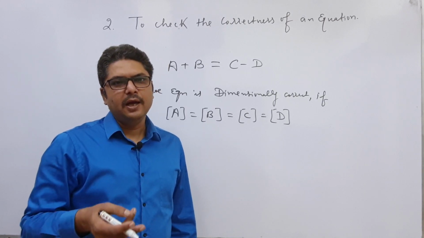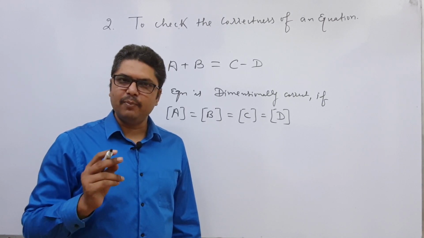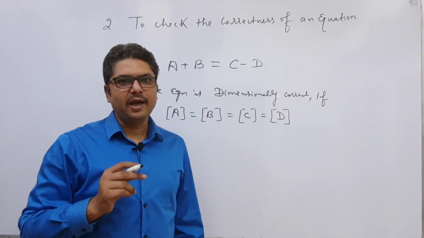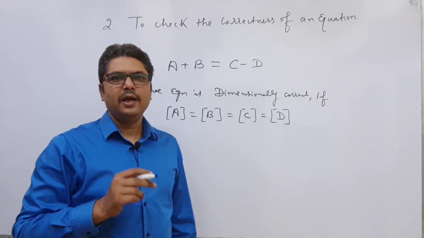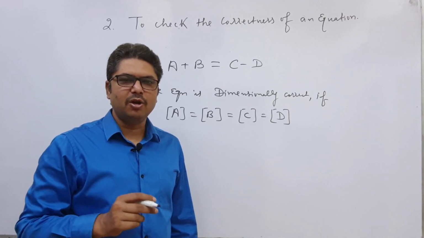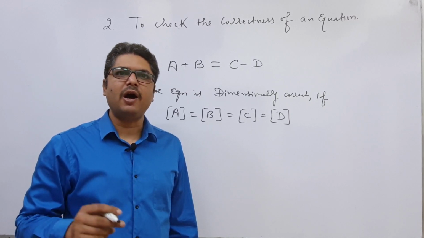It states that an equation is dimensionally correct when dimension of each term of LHS is equal to dimension of each term of RHS.